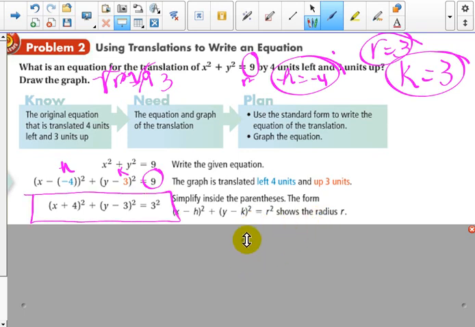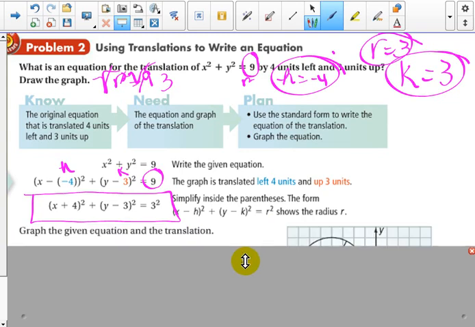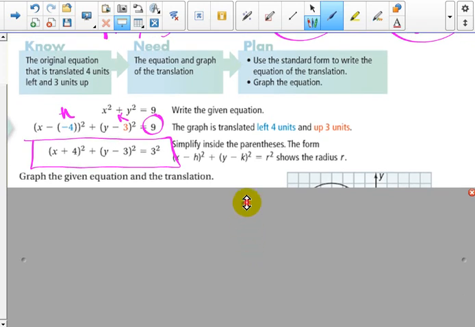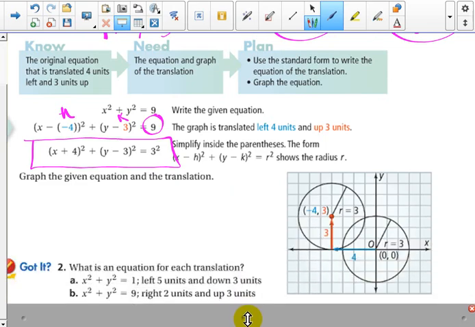Okay, so they ask us to draw the graph. So you want to draw a circle who has a radius of 3, so show the original at the origin, and there it is at the origin here. Alright, and then the translation, it went over 4, or backwards 4, and up 3 to our new spot.